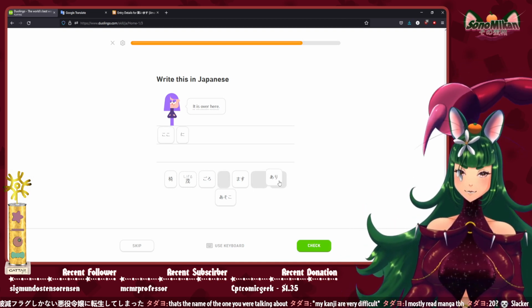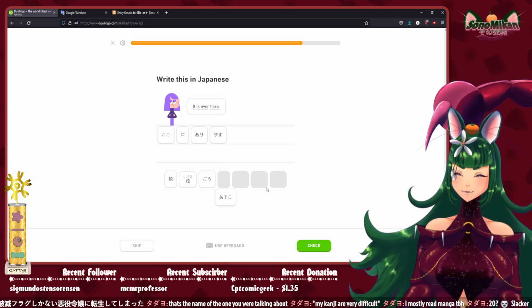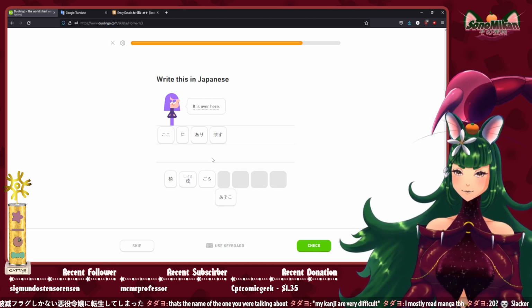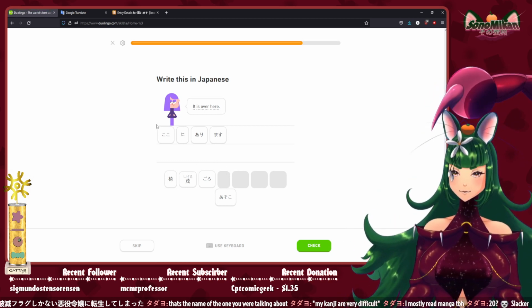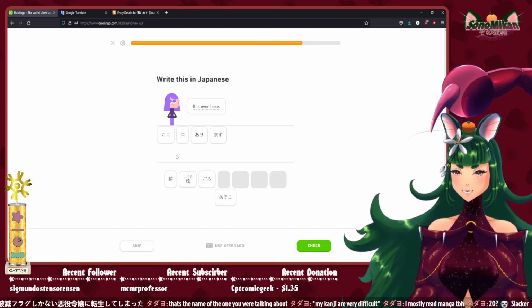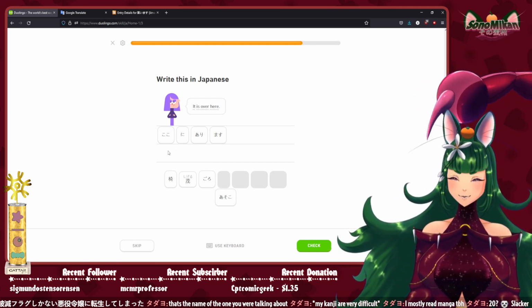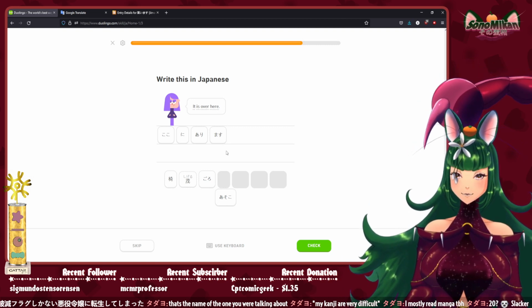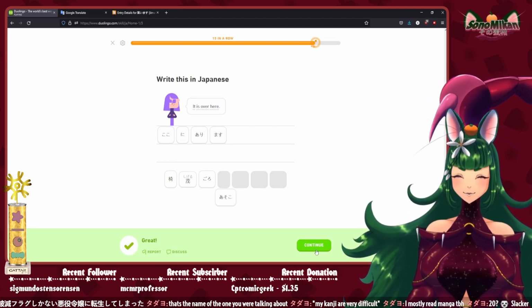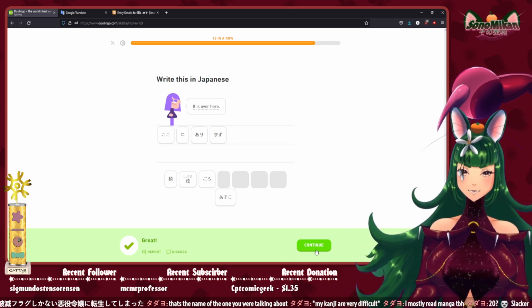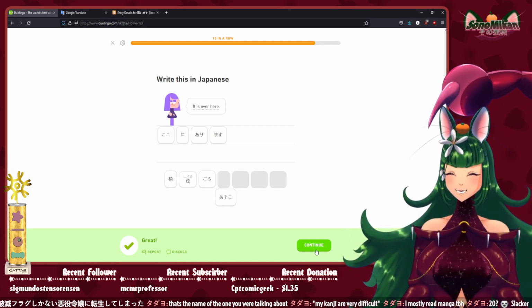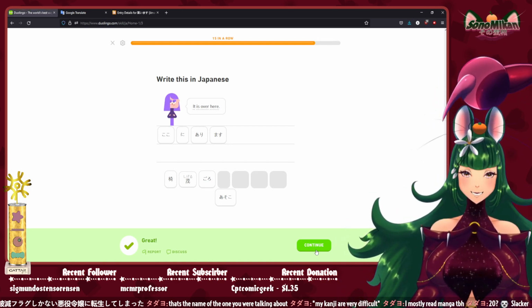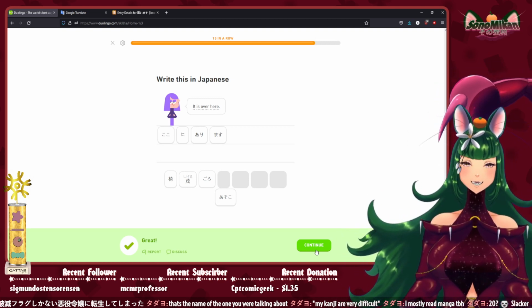Koko ni arimasu? So, koko is over here. Ni is indicating that place. And then arimasu exists because it is an unspecified object. It is arimasu, not imasu.